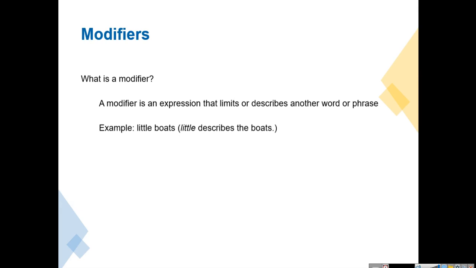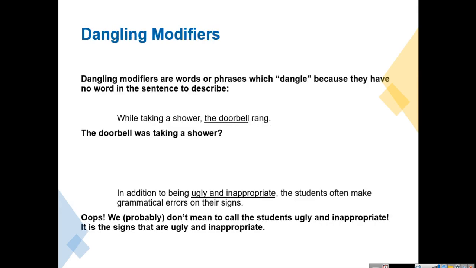What's the difference between an adjective and a modifier? They're basically the same. However, when we talk about adjectives, we talk about one single word that's modifying our noun. When we talk about modifiers, we have multiple words in conjunction working to modify our noun. And we're gonna see that right now.